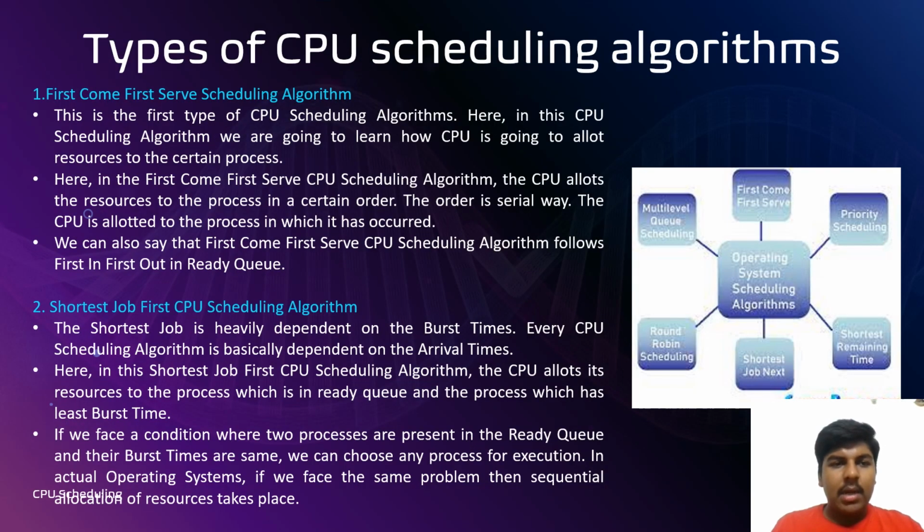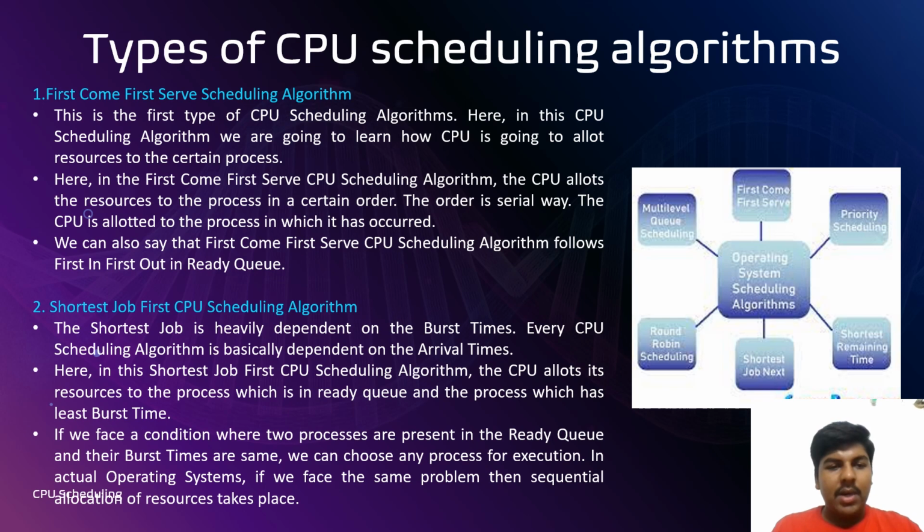Now in this slide, let us come to the main topic of this presentation, the types of CPU scheduling algorithms. The first one is the first come first serve scheduling algorithm. This is the first type of CPU scheduling algorithm. Here we are going to learn how the CPU is going to allot resources to a certain process.